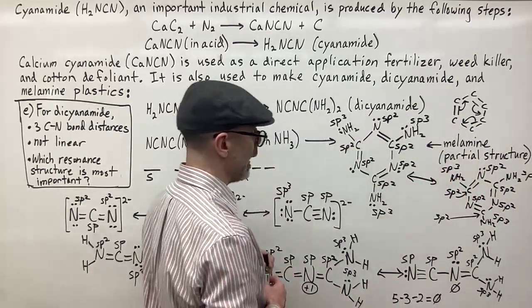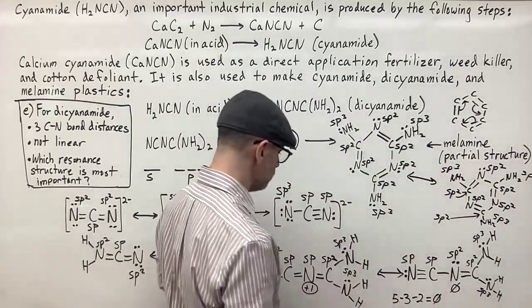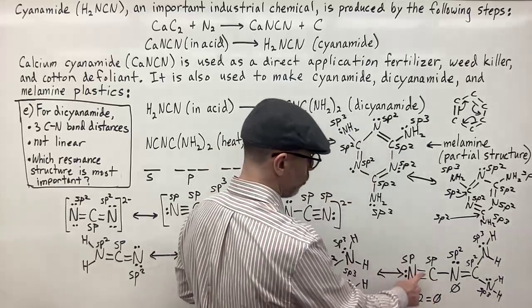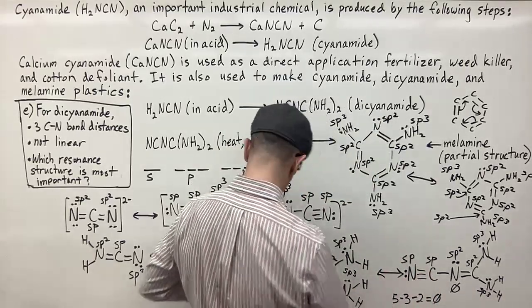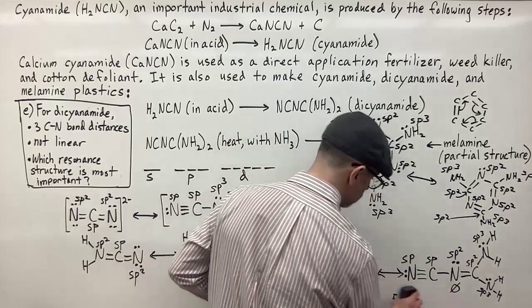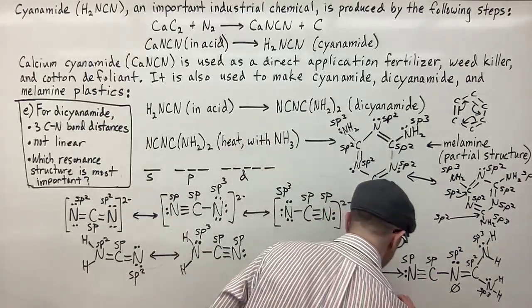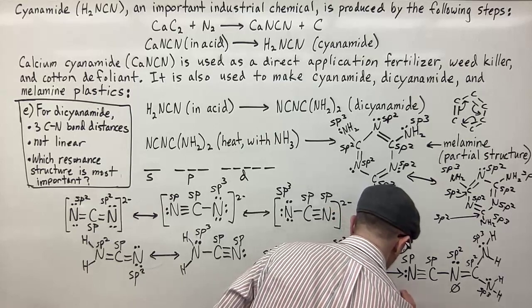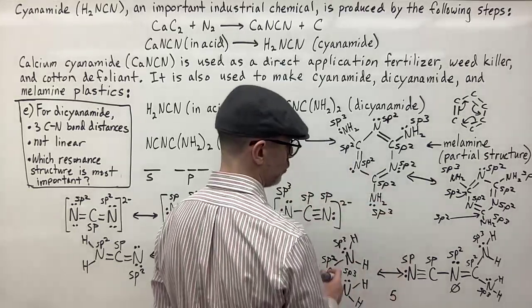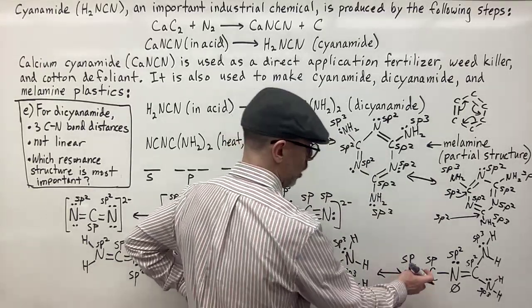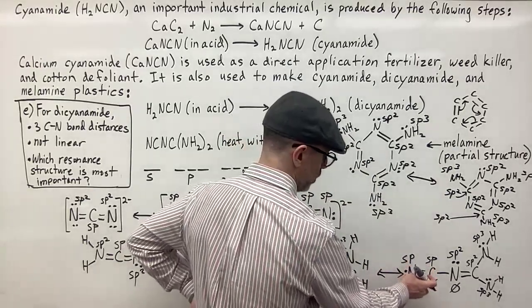Okay. And then here, we have for this nitrogen, again, we're going to have nitrogen N5, so 5 valence electrons, and we're going to subtract out 1 electron for each bond, so that's 1, 2, 3.